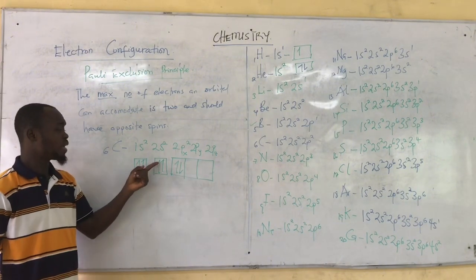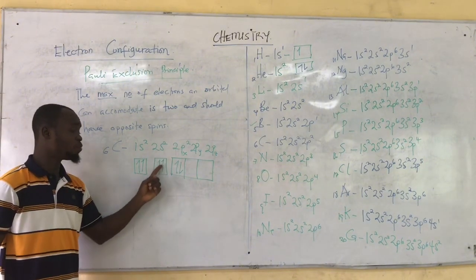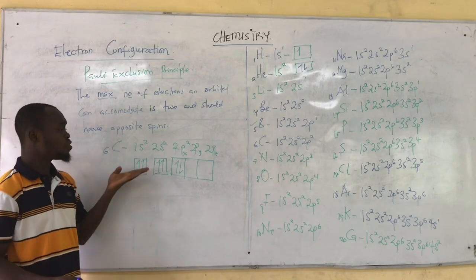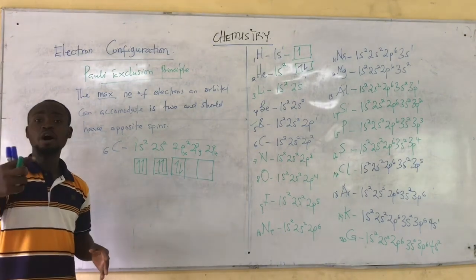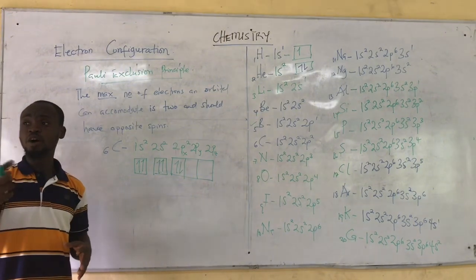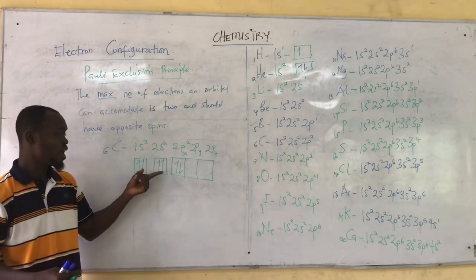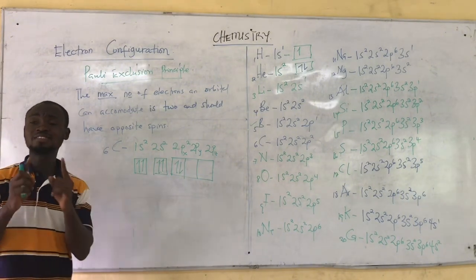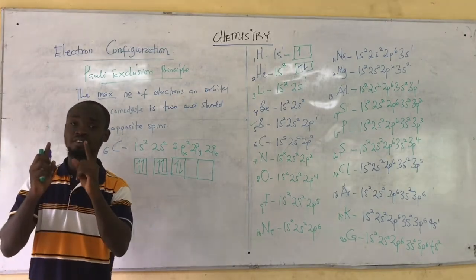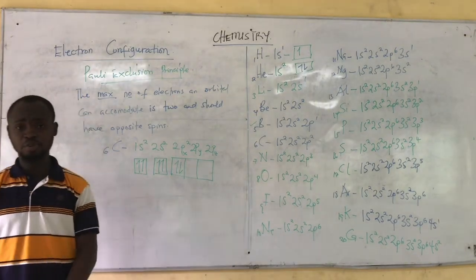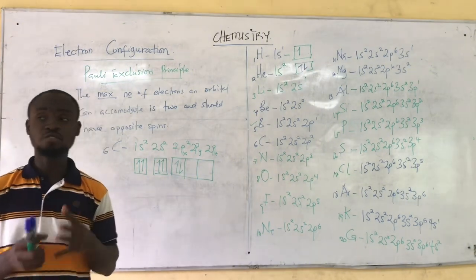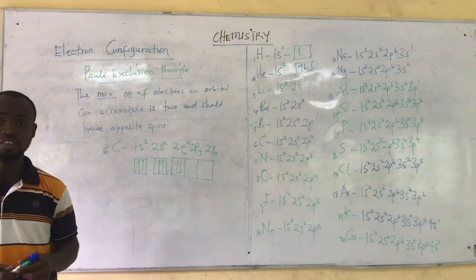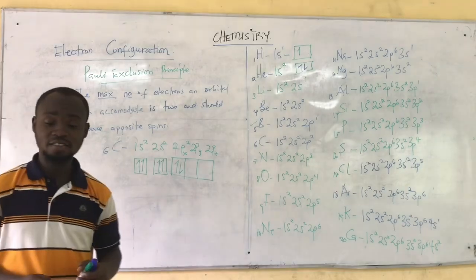And once the spin is indicated in a parallel form, they'll ask you, looking at the configuration stated here, which principle is being violated? We consider the spin arrangement, and since the spins are pointing in the same direction, you see that Pauli's exclusion principle is violated. You can then say that Pauli's exclusion principle is violated. Is that okay? Now the next principle.